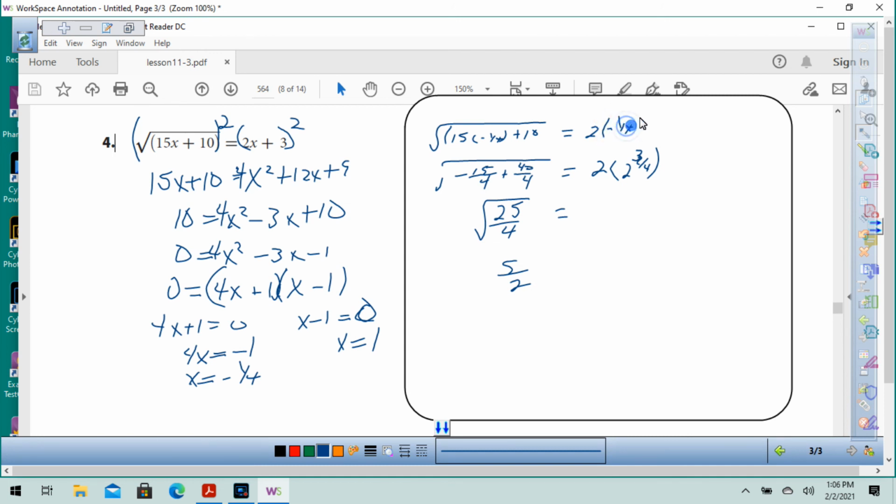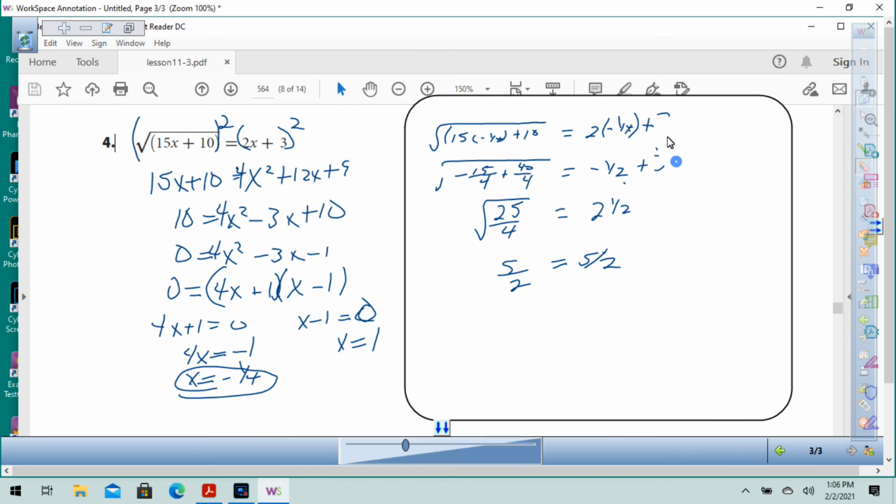Negative 1/4 times 2 plus 3, that's negative 1/2 plus 3, which is 2 and 1/2, or 5 halves. So x equals negative 1/4 works.